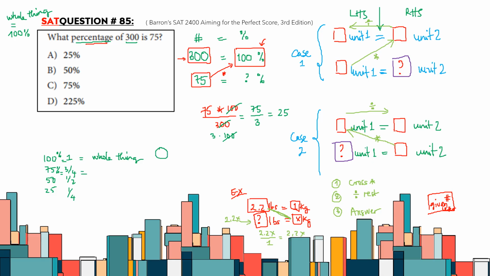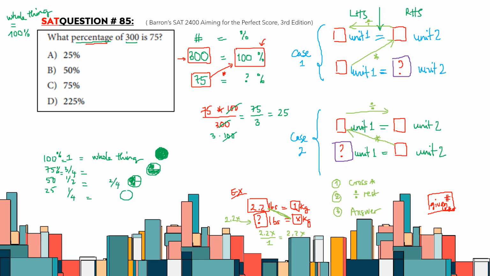This is the whole pizza. 3/4 is when we divide it into 4 and then we eat 1 part, 2 parts, 3 parts. We have 1 left. 1/2, you eat half of that, and this is also 2/4.